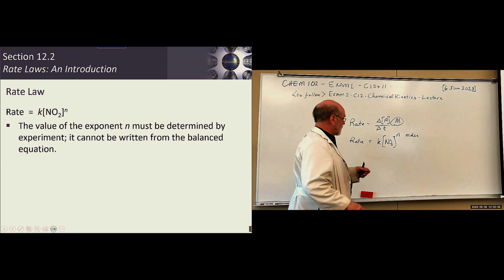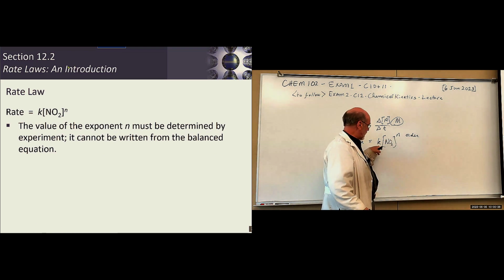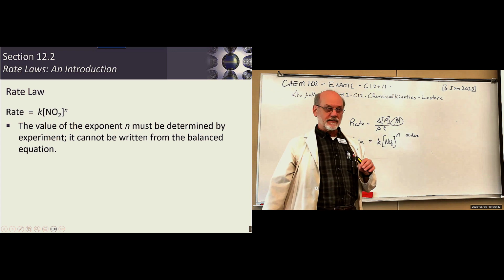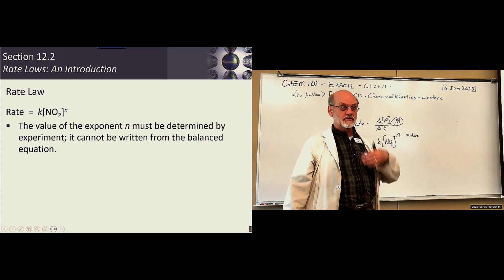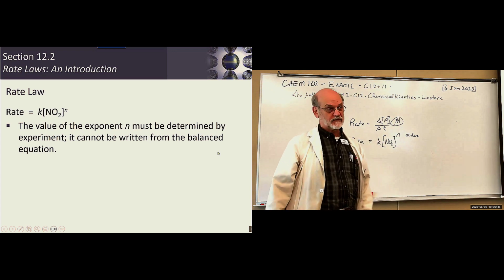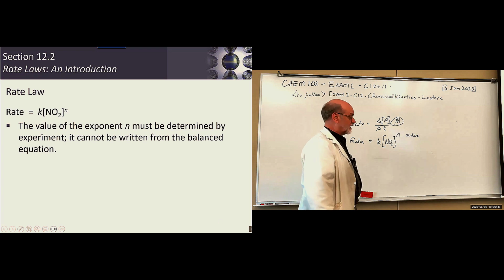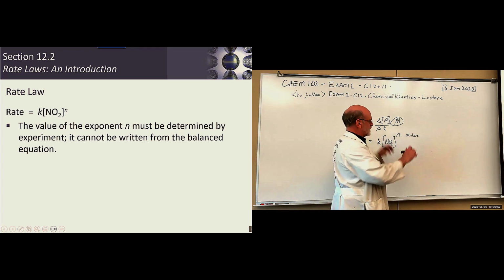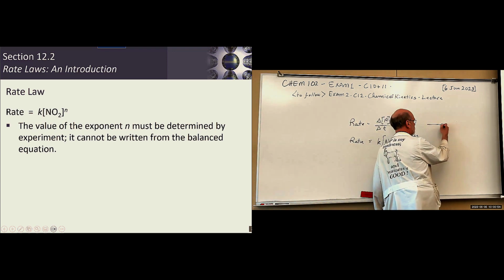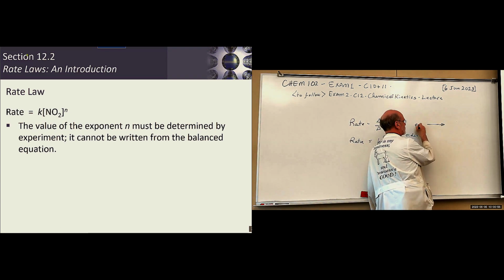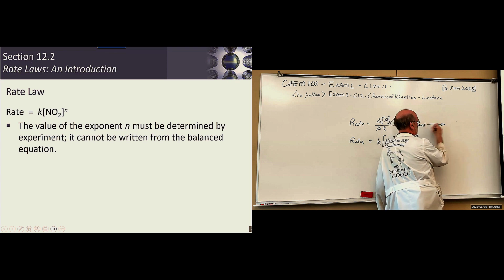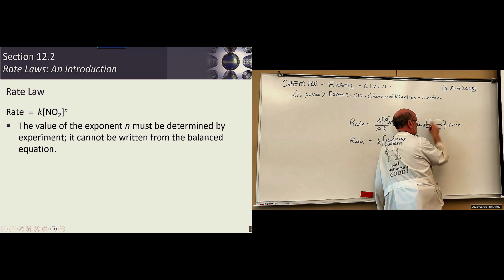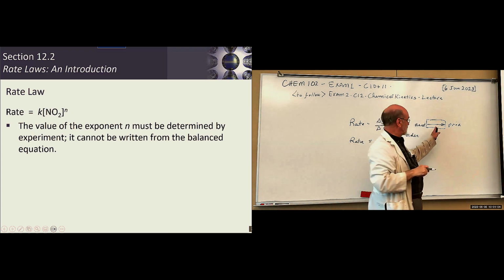And like I said before, this value and this value are experimentally determined. You cannot deduce them from the overall reaction stoichiometry. We're going to find out later that these reactions, well, I erased it, but where you have this thing right here, reactants and products, there may be several steps right in here.